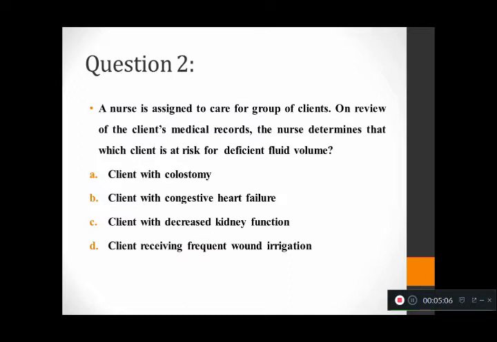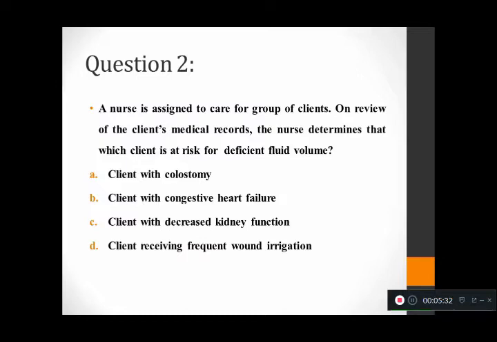The nurse determines which client is at risk of developing fluid volume deficit. There are four types of clients: client with colostomy, client with congestive cardiac failure, client with decreased kidney function, and client receiving frequent wound irrigation. So here you must know what the causes of fluid volume deficit are.